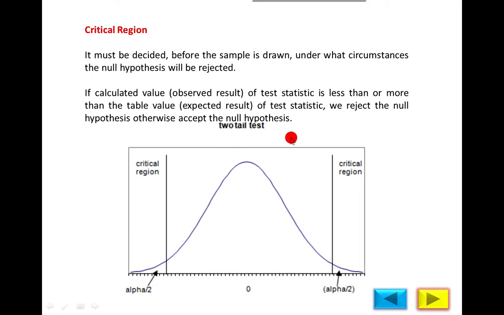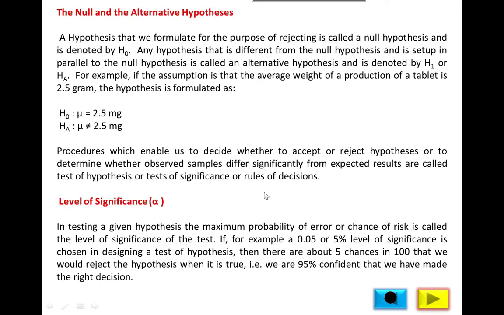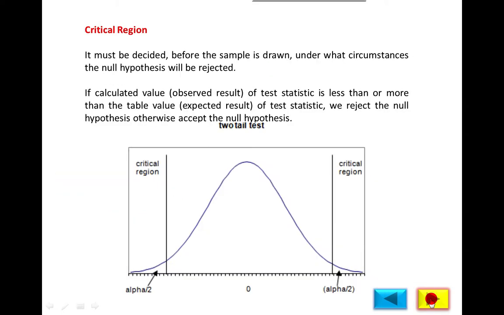We select the table value with the help of the level of significance alpha and sample sizes, and then write this expected table value in this diagram. This is the graph of normally distributed data, used for the t-test and z-test.